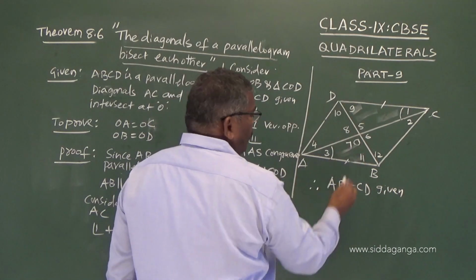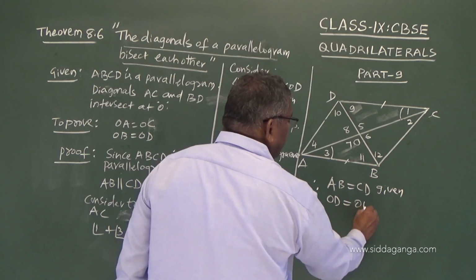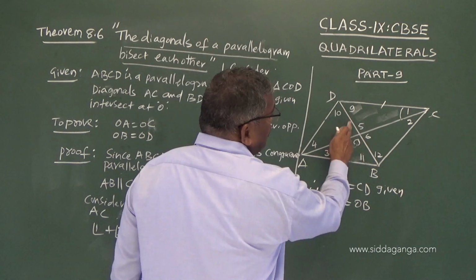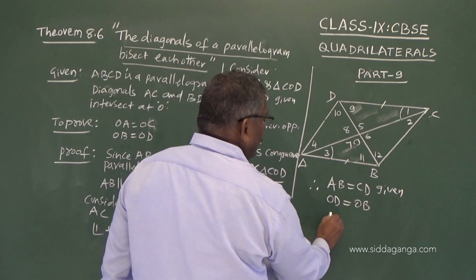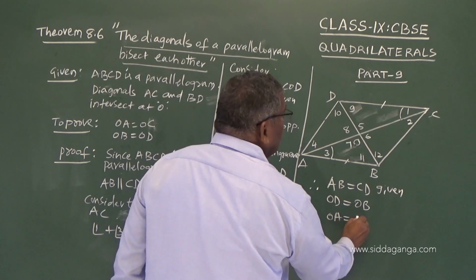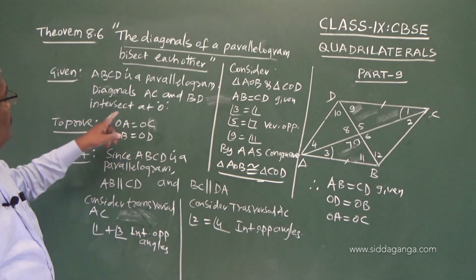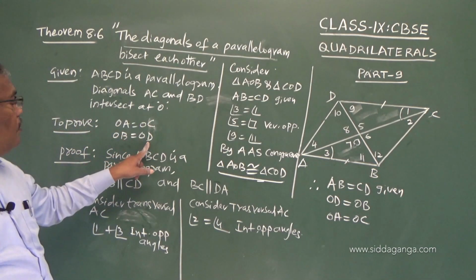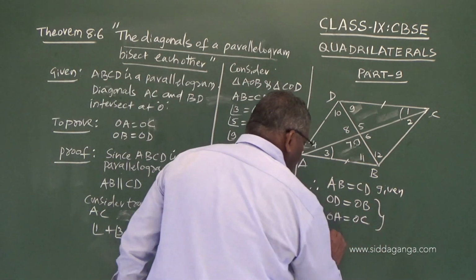So, therefore, OD equals OB, because these are corresponding sides of these two triangles, and at the same time OA equals OC. So, this is what was to be proved. Hence proved.